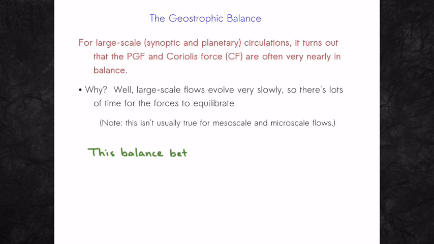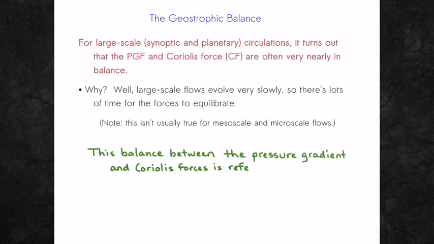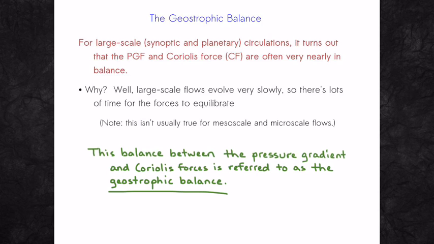This balance between the PGF, the pressure gradient force, and the Coriolis force is referred to as the geostrophic balance. Geostrophic balance refers to this tendency of our two main forces, the pressure gradient and Coriolis force, to come into a balance, to cancel each other out.